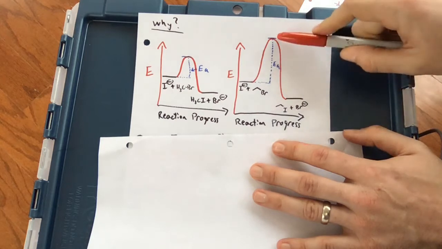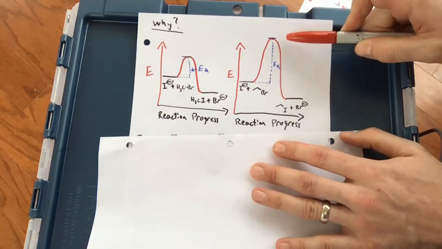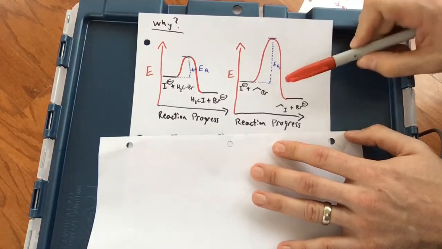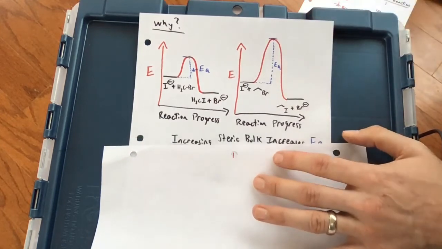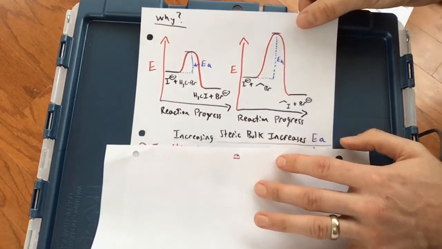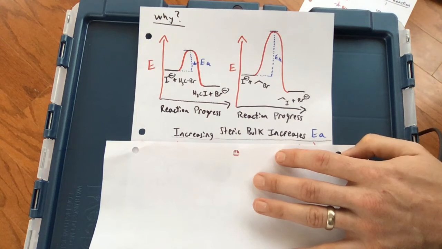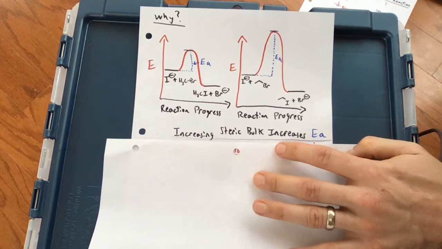And this activation energy is directly what affects the rate of the reaction at some temperature. So this is showing us that by adding steric bulk, we're increasing the activation energy of this reaction and slowing it down a lot. So the take-home message for substrate effects on SN2 reactions is that increasing the steric bulk at the alpha and beta positions really increases the activation energy, which slows down the rate of the reaction.